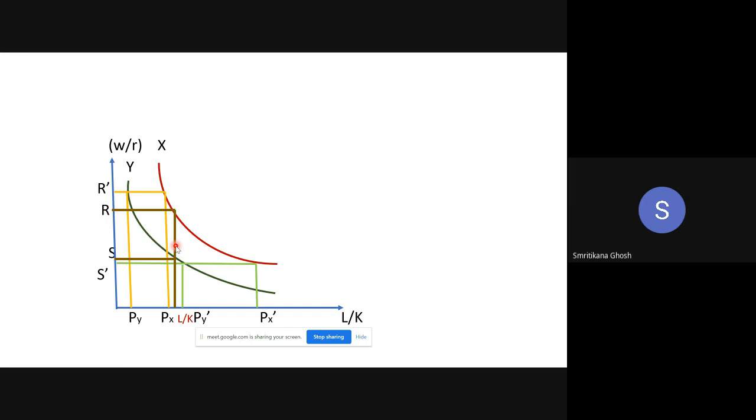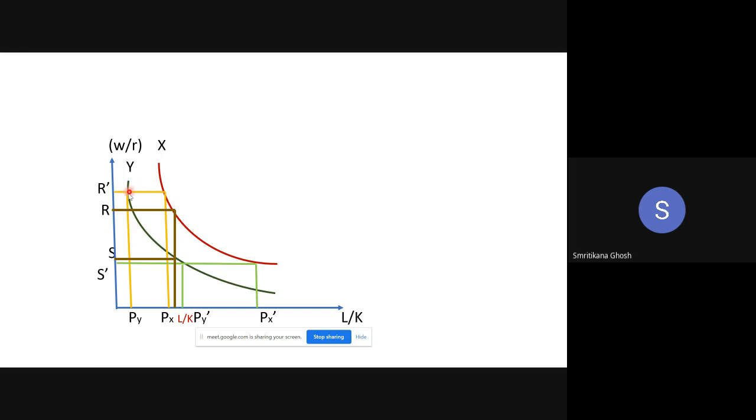Why is it so? You can tell me why, ma'am. If it is more than R, then what is the problem? Look, if it is more than R, say the wage rental ratio in this country is R dash, not R. Then what is the thing? Given this R dash, for the X sector, labor by capital demanded is represented by PX.